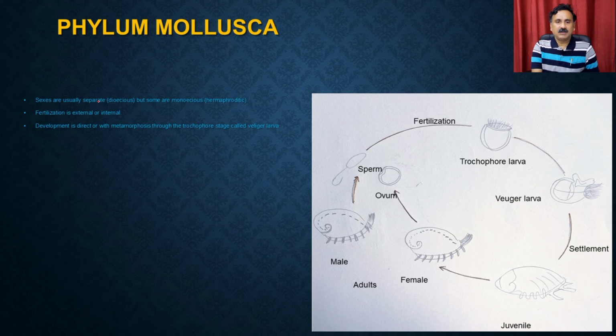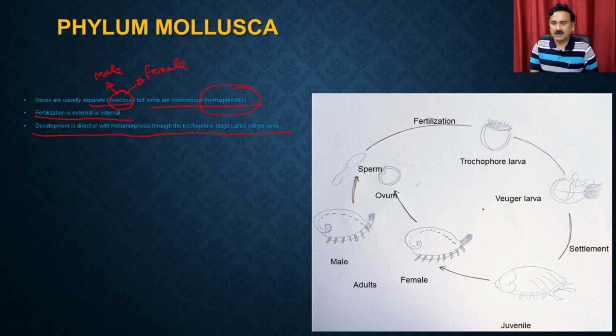The sexes are usually separate, so it is a dioecious animal, which means it has separate male and female organisms. But some are monoecious, which means they are hermaphrodite. Fertilization is external or internal. Development is direct or with metamorphosis through the trochophore stage called the veliger larva.